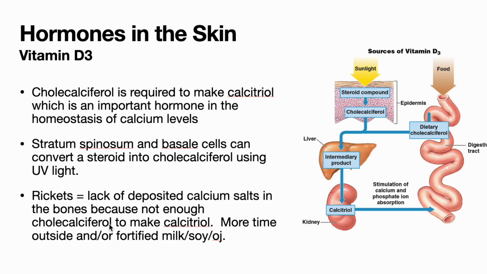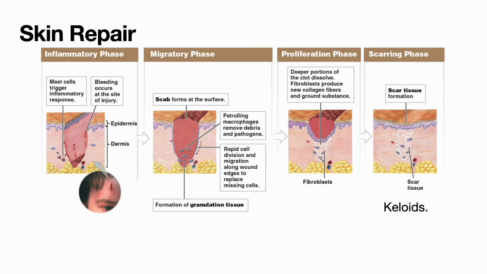So anyone that doesn't have enough vitamin D might not absorb enough calcium, and as a result, they wouldn't deposit the calcium in their bones, and they could develop rickets, which creates these kind of soft, flexible bones, and it's evident in the legs that the legs will kind of bow out. This is very rare these days in the US because we do fortify so much of our foods with vitamin D.